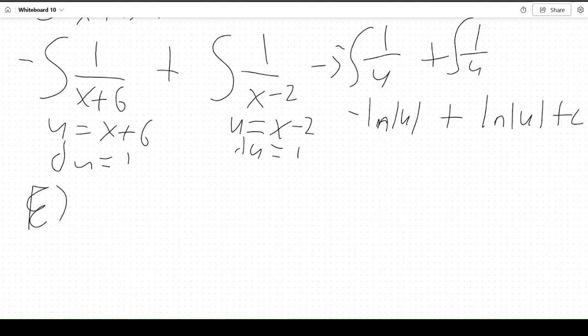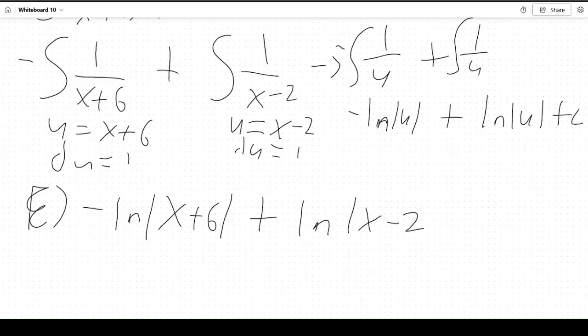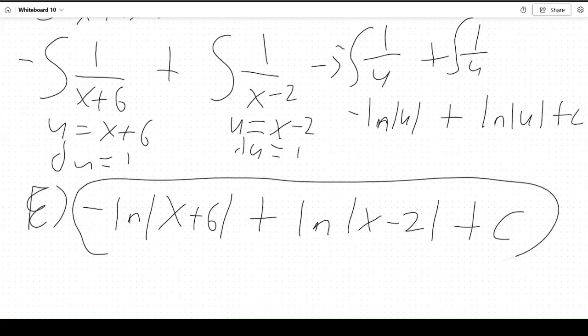Plug in our u back for what we got: the u for this part was x plus 6, and the u for this one was x minus 2, plus c, and this is our final answer.